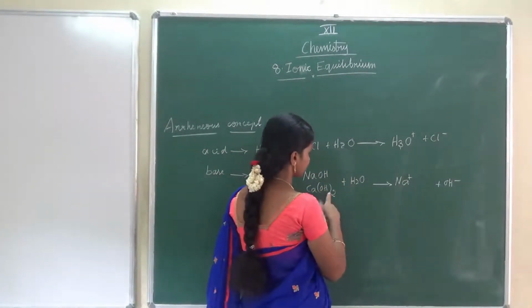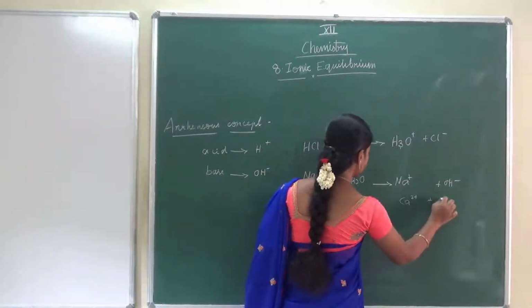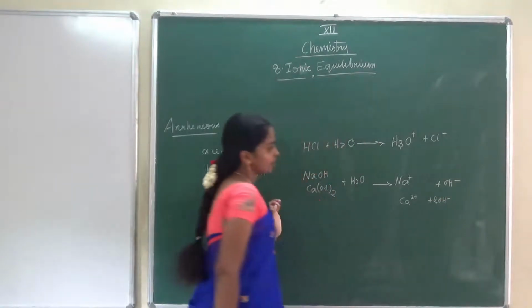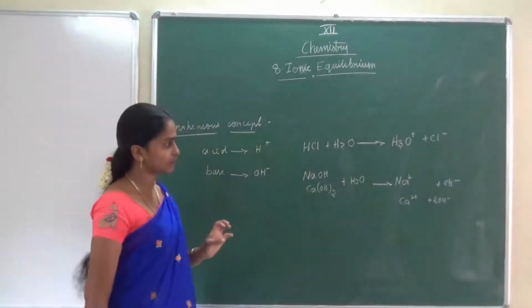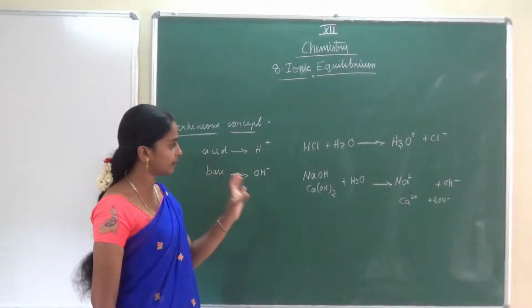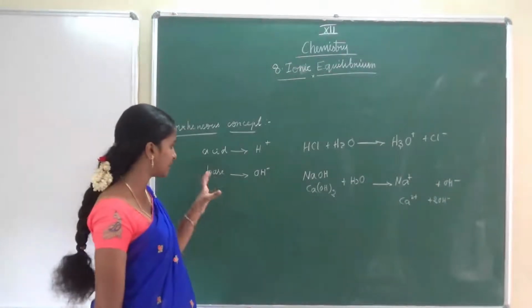Calcium hydroxide will be split as Ca2 plus and 2OH minus. Any compound which releases H plus is called an acid, and any compound which releases OH minus in aqueous solution is called a base.